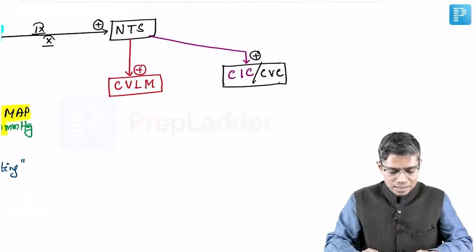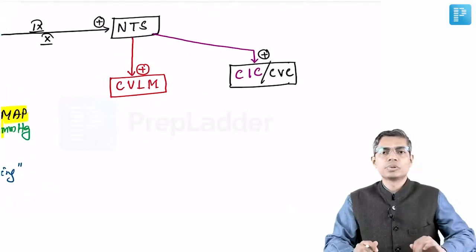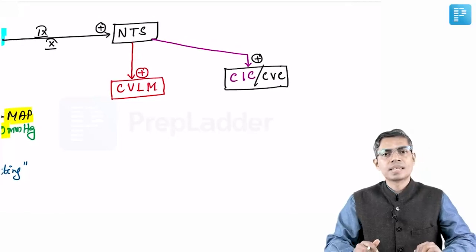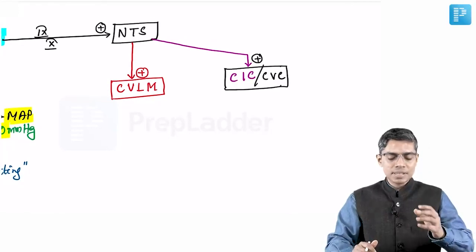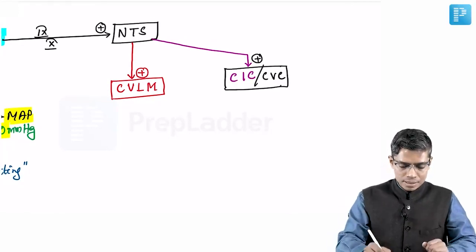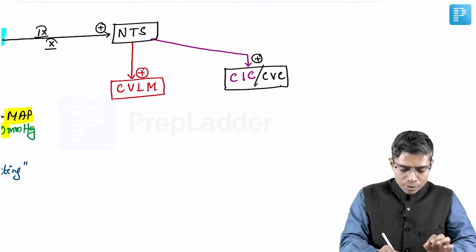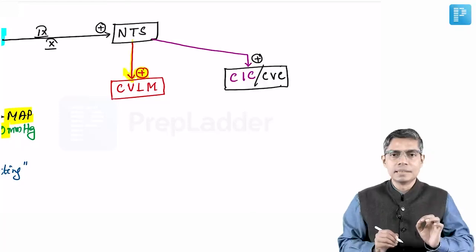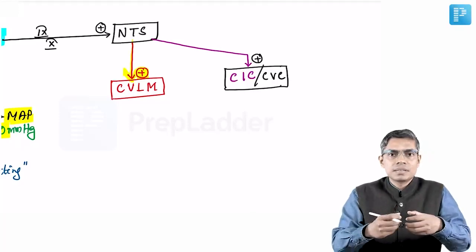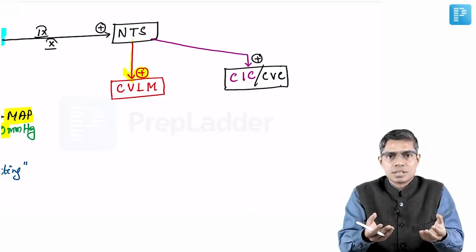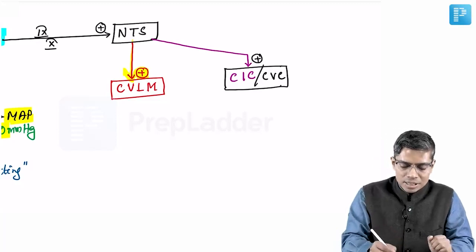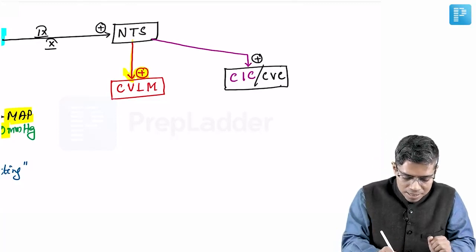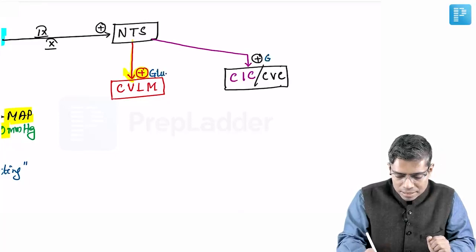So whenever your NTS is stimulated, CVLM and CIC are both stimulated. Whenever I say stimulation, it means the neuron extending from this NTS to CVLM is secreting an excitatory neurotransmitter, and that is nothing but glutamate.